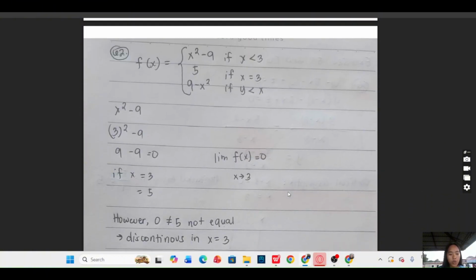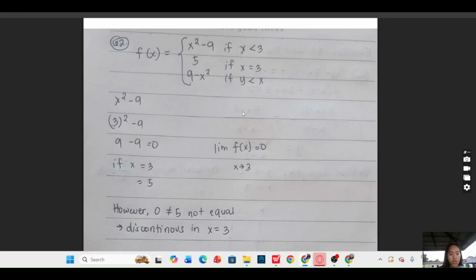So let's go down to number 62, which is a piecewise function, meaning the rule of the function changes depending on the value of x.